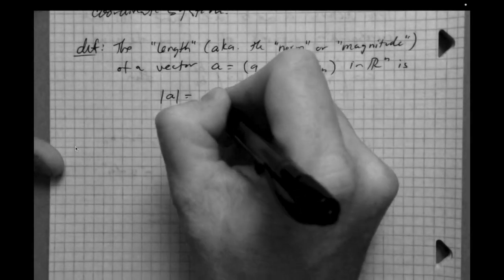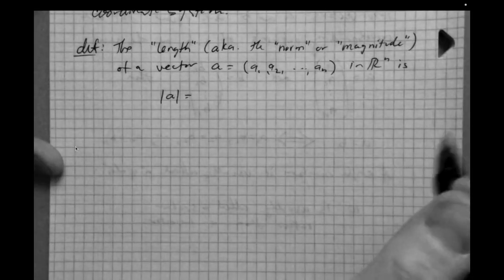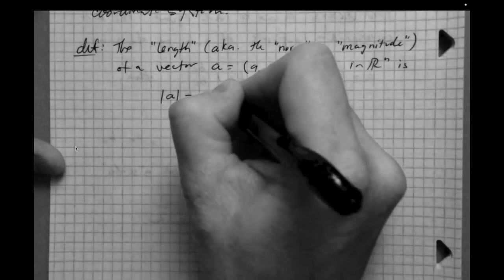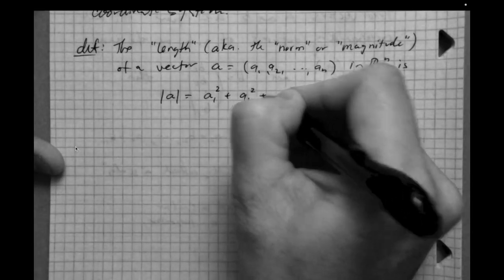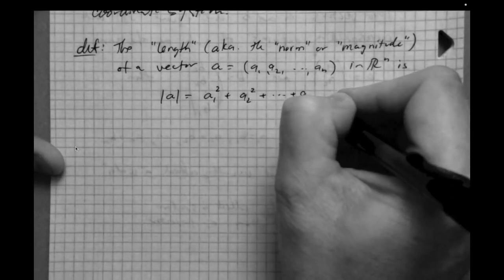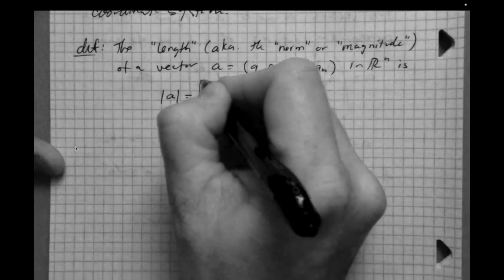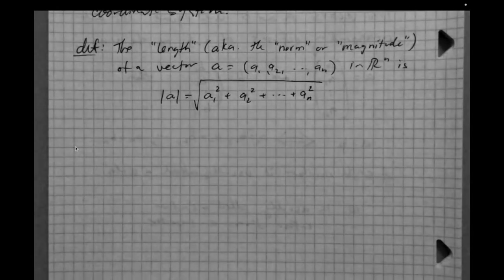And it's basically going to be the square root of the sum of the squares of the components. So you square the first, square the second, and so on, add them all up, and then take the square root. That's what we mean by the norm of a vector, or the length of a vector.